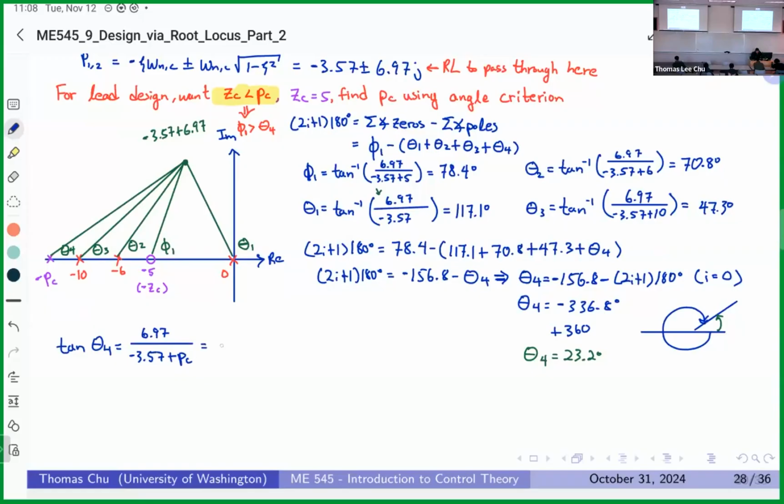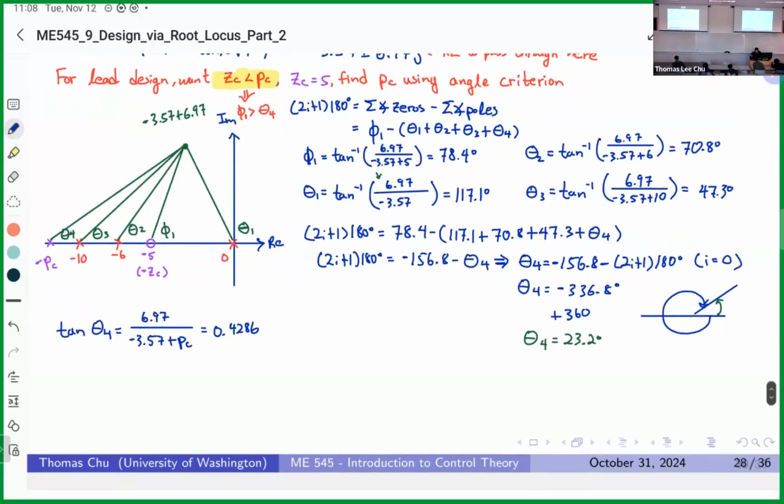When we plug in theta 4, we get 0.4286. Please set your calculators to degrees and not radians if you're going to plug in degrees. Then when we solve for it, we get that PC is equal to 19.8.